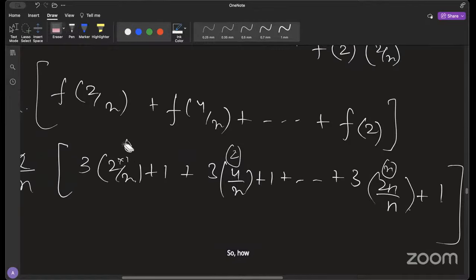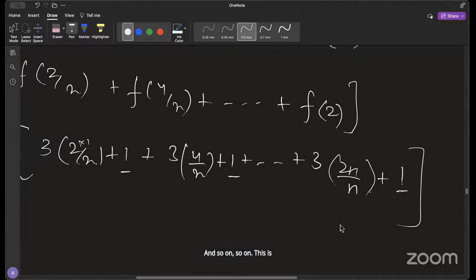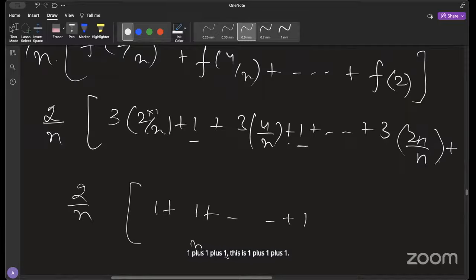So how many ones are there? Can you count the number of ones from here? This is the first one, then the second one, and so on. This is the nth one, right? So 1 plus 1 plus 1, n times.